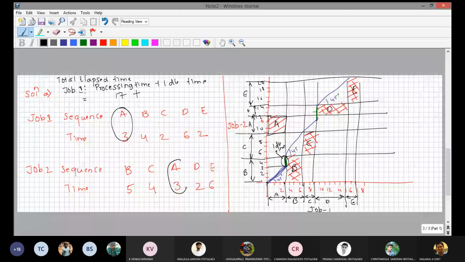It's taking 3 hours and also 3 hours. You can observe here, this is machine A. How much is it for job B? Machine B takes 4 hours for job 1 and 3 hours for job 2.